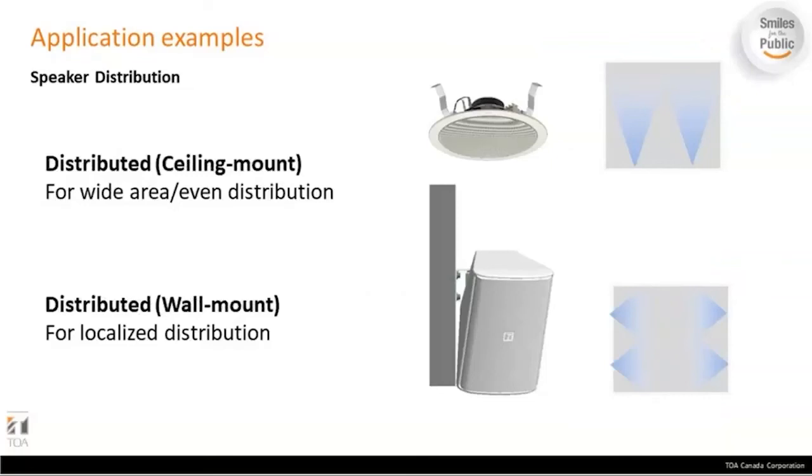At times, maybe it's an open ceiling concept, and we have to install wall mount speakers, right? So we have a local distribution, like we are firing speakers from both directions. It could be a car dealership, for example, where you're sitting in the waiting lounge with the TV, and there are two speakers just firing at you. So it could be a ceiling application, it could be a wall mount application.